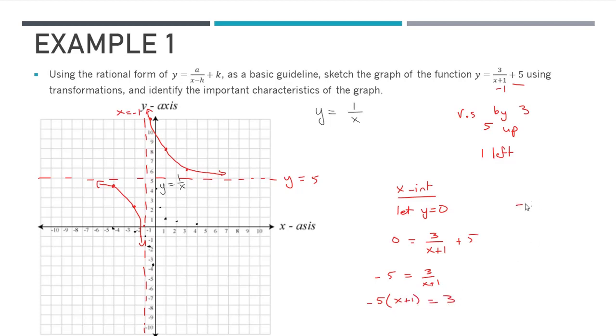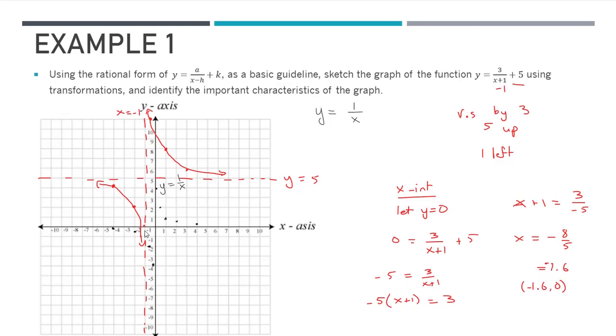Divide both sides by -5. And so you're left with x plus 1 equals 3 over -5. And then we're going to subtract 1 more, so you get -8 over 5, which is approximately -1.6. So therefore our point is at -1.6 comma 0.